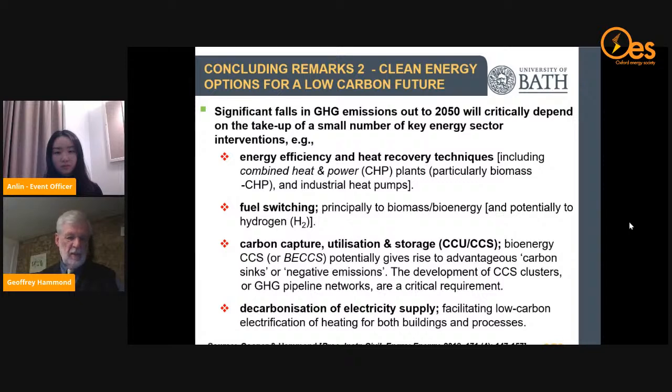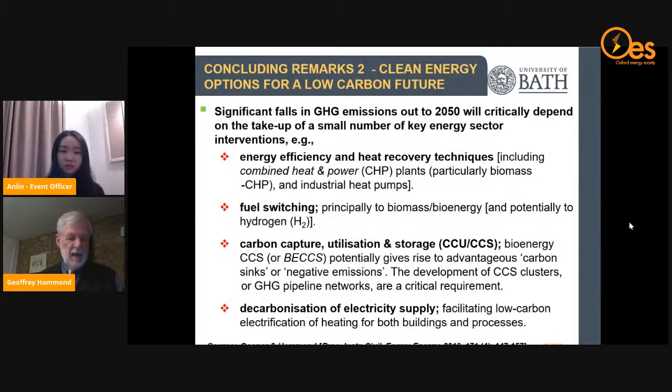And you might use industrial heat pumps. There are opportunities for fuel switching. In the past, we've moved from coal and oil to gas and electricity. In the future, we might move from them to biomass or bioenergy and potentially hydrogen.